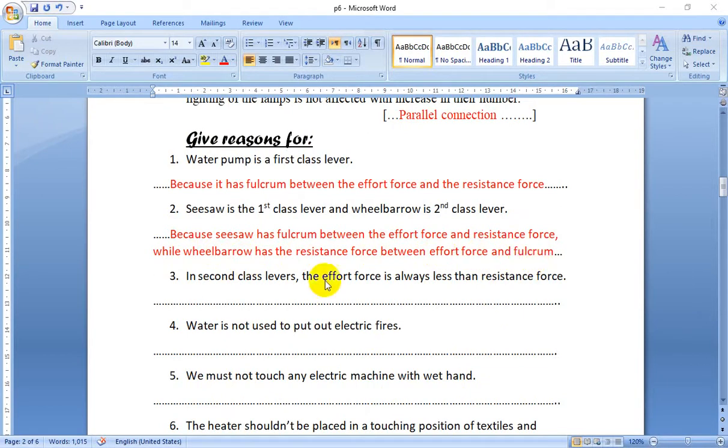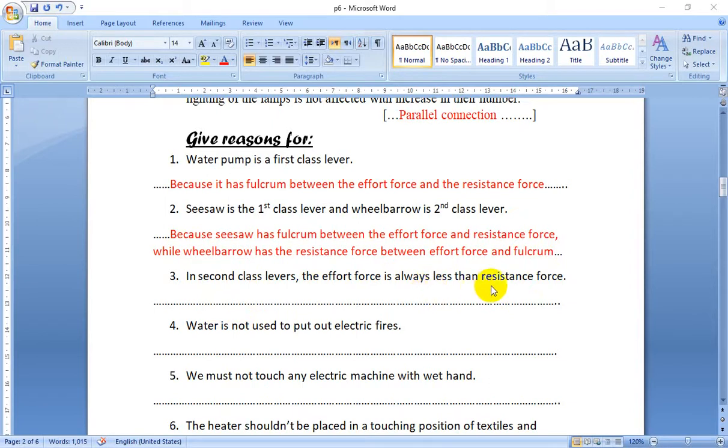Number 3. In second class levers, the effort force is always less than resistance force. You know, in second class lever, the resistance is between fulcrum and effort force.